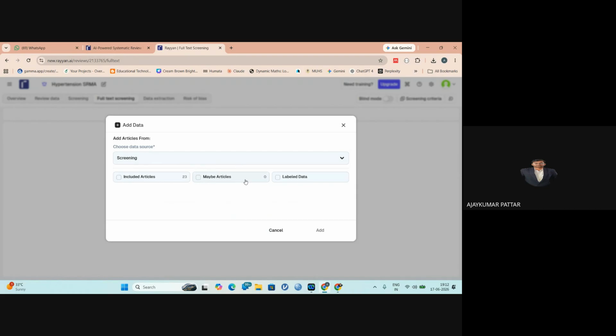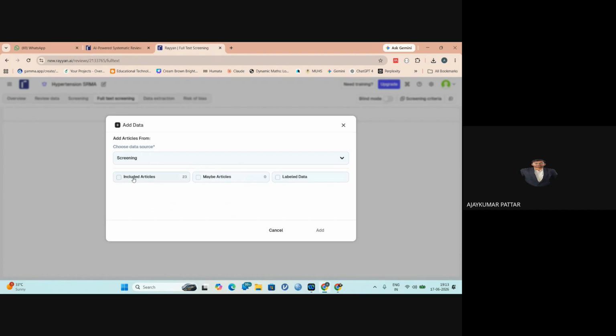But here we have not kept any maybe articles. Then labeled data: sometimes we are confused even after the title and abstract whether to include or exclude, and if you have doubt and want to see the full text, we can use the label option, as I have shown, to keep it for full text review. Any particular labeled data you want can also be reviewed here as full text.